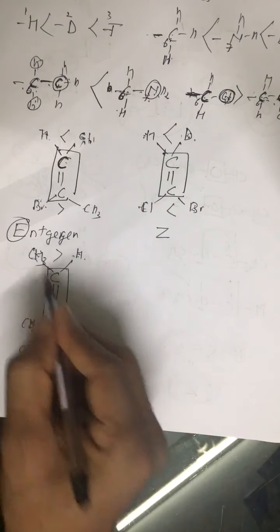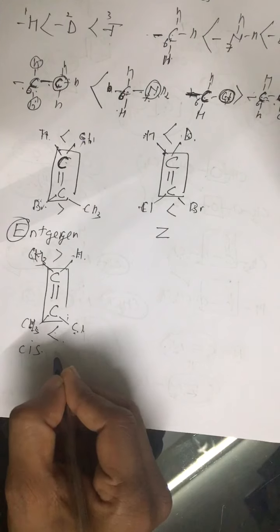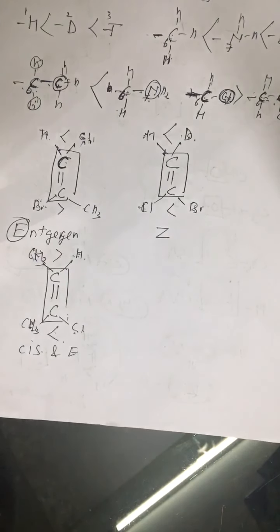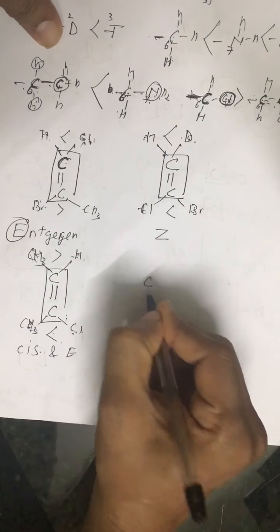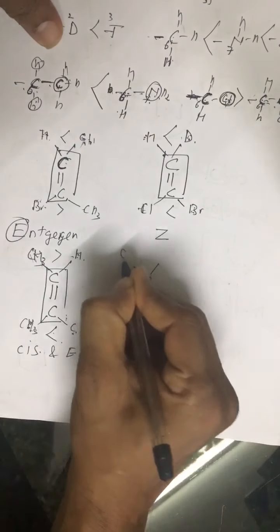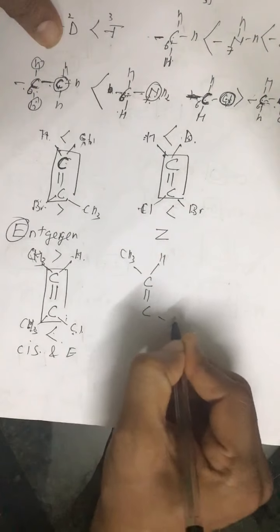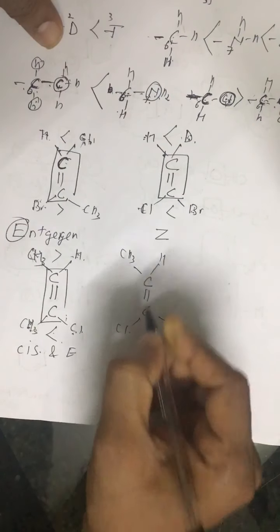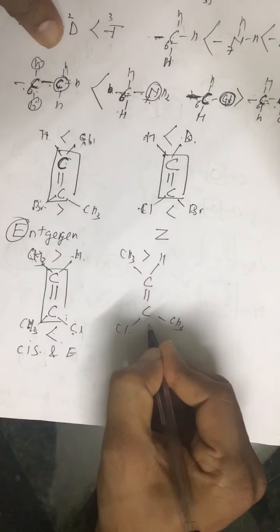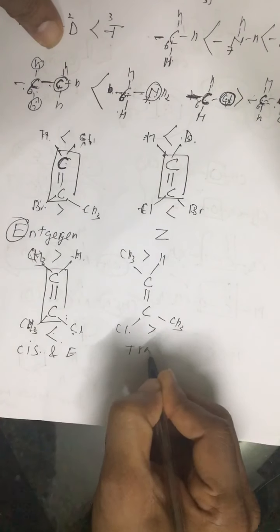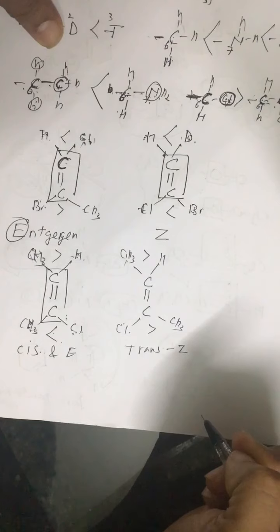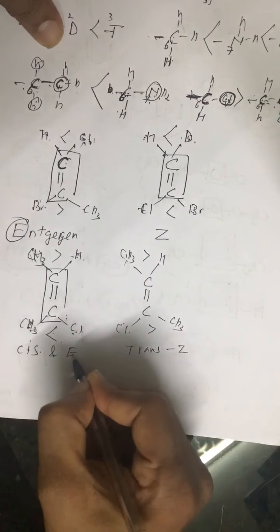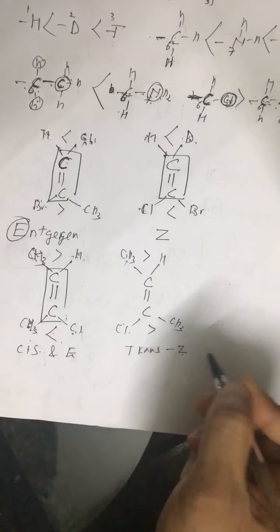But senior groups are on opposite sides, so this is cis and E form. Point is clear. And if we look at this structure, say CH3, H and CH3, Cl. See, this is senior, this is senior, this is trans and Z form, because senior groups are on one side. So this is cis E and trans Z, we are getting opposite.